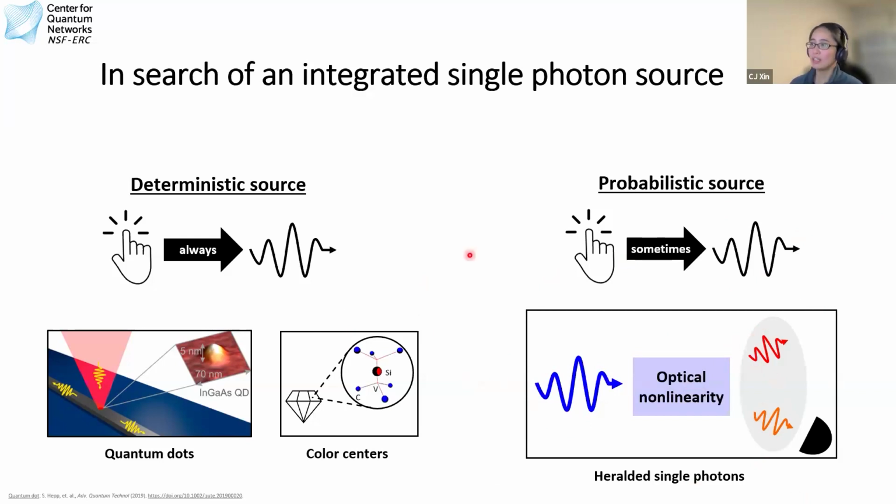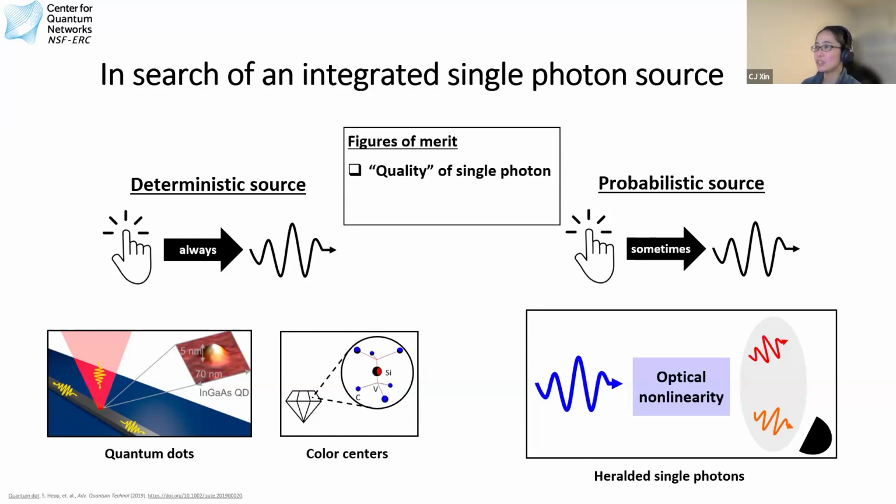And so generally speaking, for each of these kinds of sources, there is an array of figures of merit. A lot of them are implementation specific. But for the purposes of this course, we can work with some very broad figures of merit, which first of all is how good is the single photon? We can talk about what that means a little bit later.